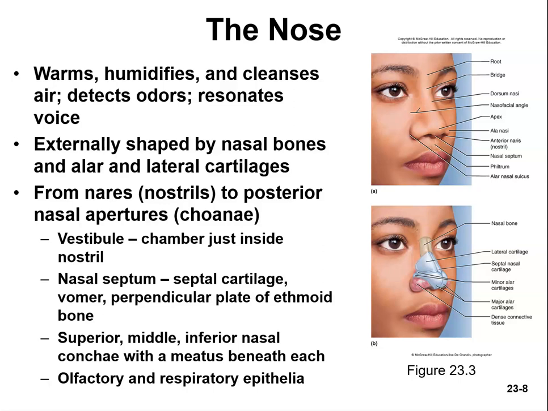Externally shaped by nasal bones and alar and lateral cartilages, from the nares to posterior nasal apertures, vestibule, which is the chamber outside the nostril, nasal septum, septal cartilage, vomer, perpendicular plate, then superior, middle, inferior nasal concha. Look at this, this is all repeat. Remember all that from the first 2 weeks of class? Then you have olfactory and respiratory epithelium that line that.